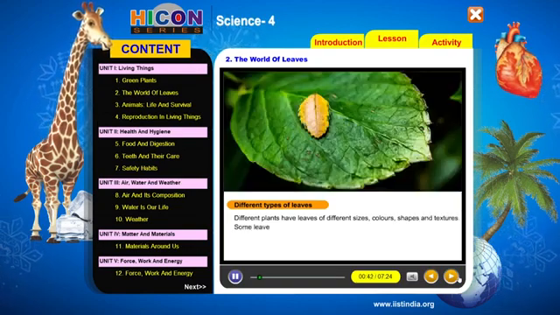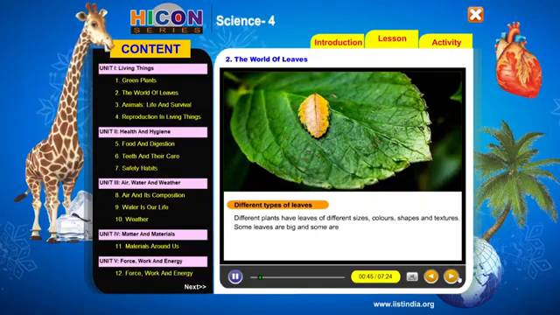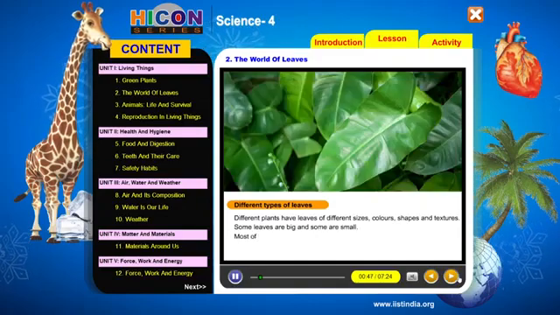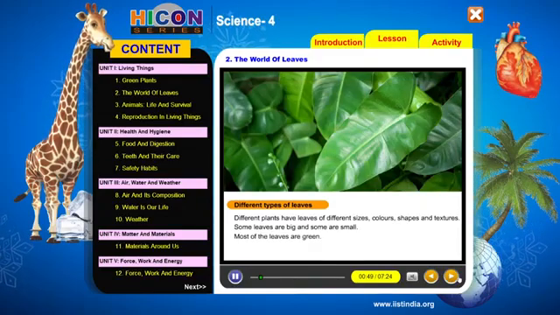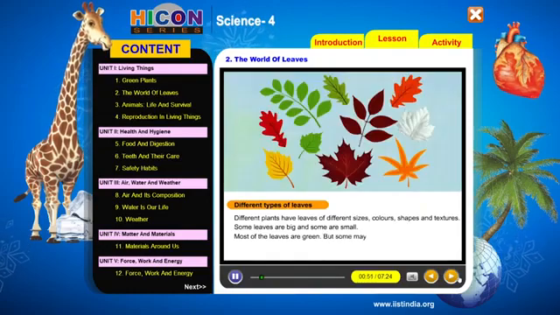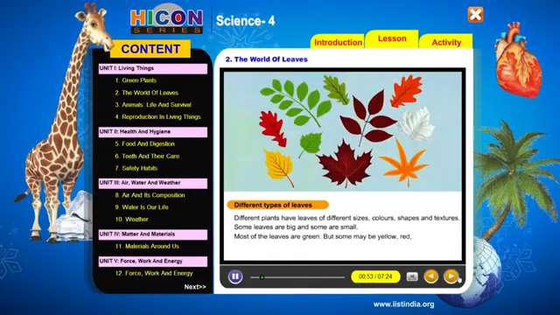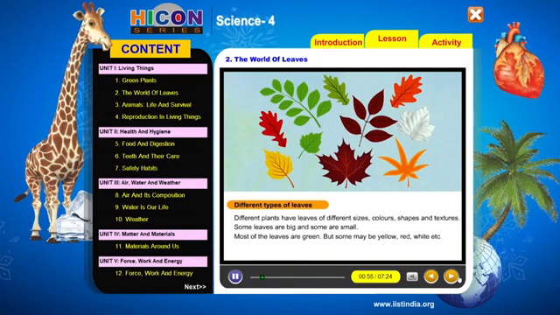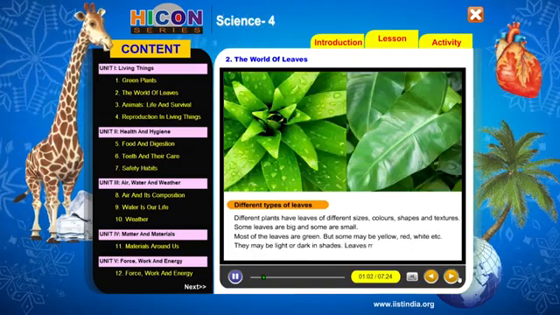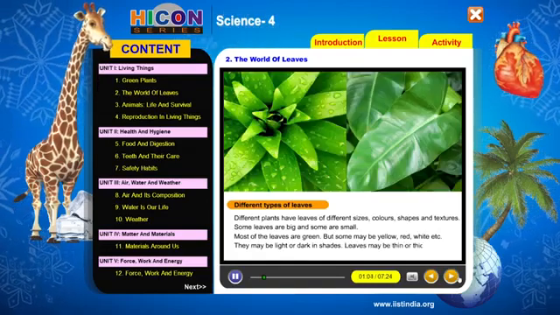Some leaves are big and some are small. Most of the leaves are green, but some may be yellow, red, white, etc. They may be light or dark in shade. Leaves may be thin or thick.